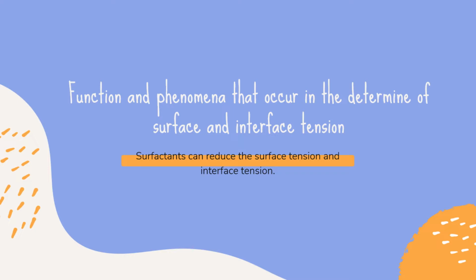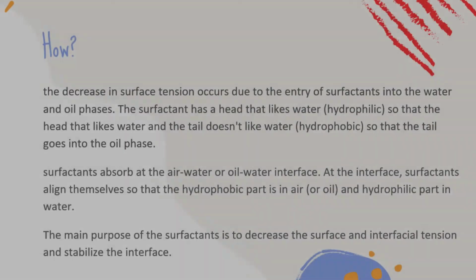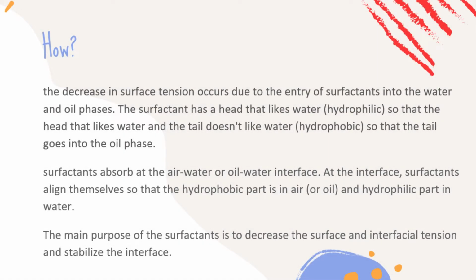Surfactant can reduce the surface tension and interface tension. How? The decrease is caused by the surfactant entering the water and oil phases. The surfactant has a head that likes water, or hydrophilic, and a tail that doesn't like water, or hydrophobic, so the tail goes into the oil phase. Surfactant is absorbed at the air-water or oil-water interface.